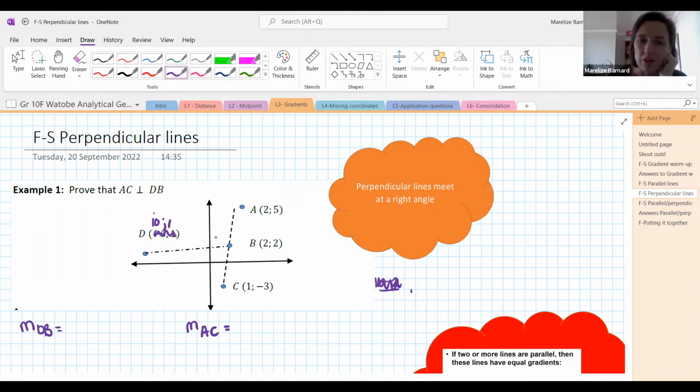Just double check. But it looks like everyone's agreeing that AC is 5 minus 3 over 2 minus 1. So that's 8/1, and that's 8. Okay, and then for DB, we go 1 minus 2 over 10 minus 8.